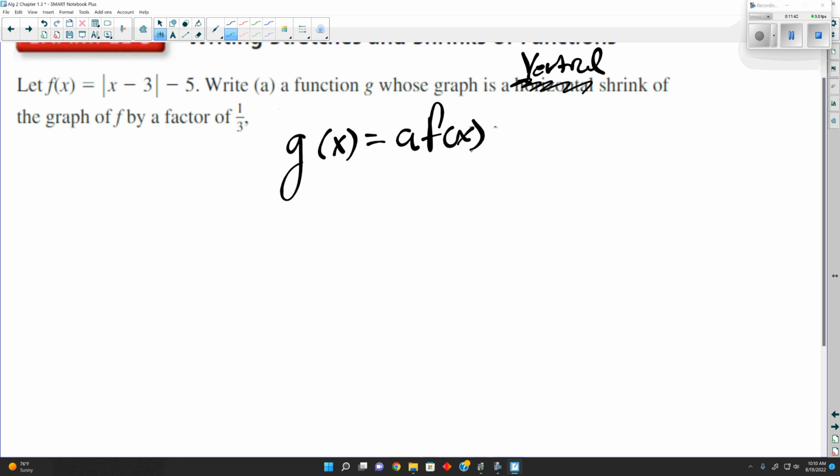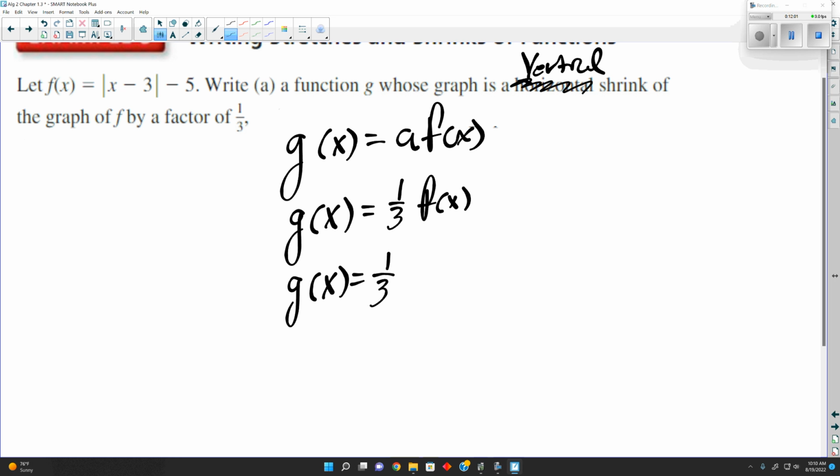Well, our value of a in this case would be what? 1/3 times f of x. And since we didn't do anything to f of x, it's still just f of x, we can plug the function in, which will tell us that we have the absolute value of x minus 3 minus 5.